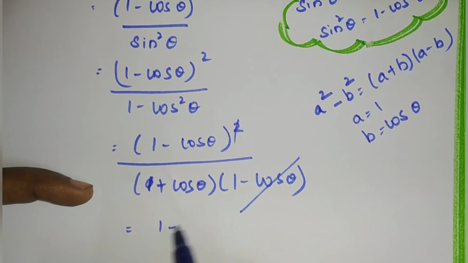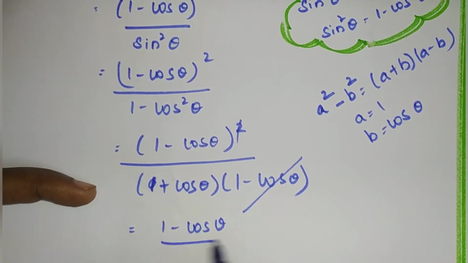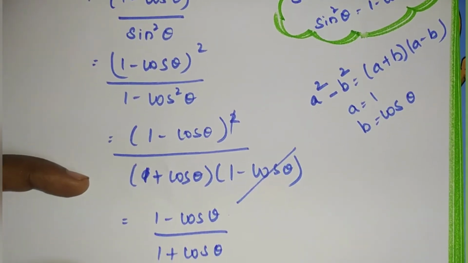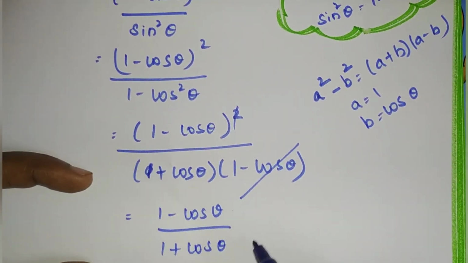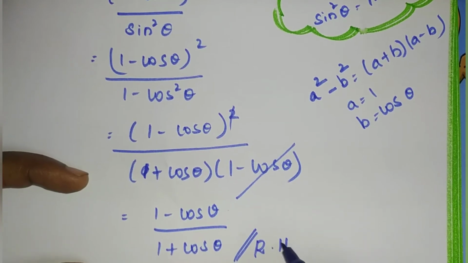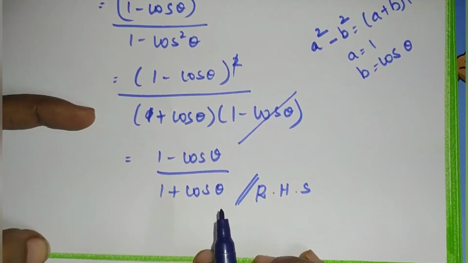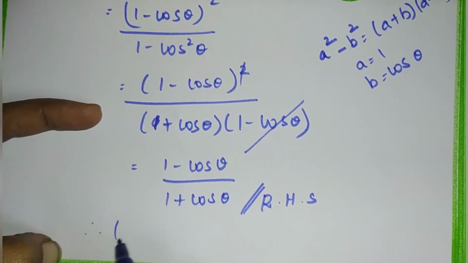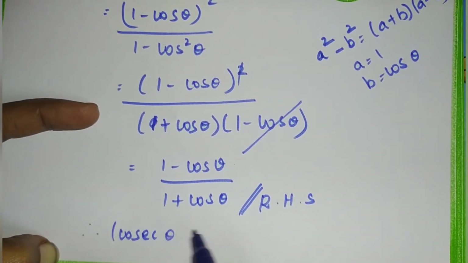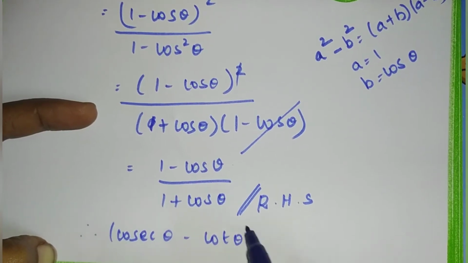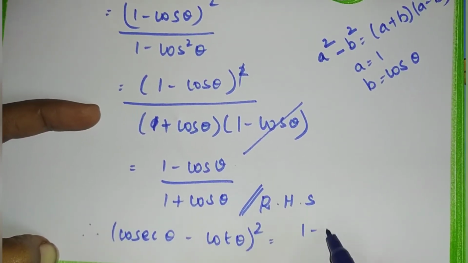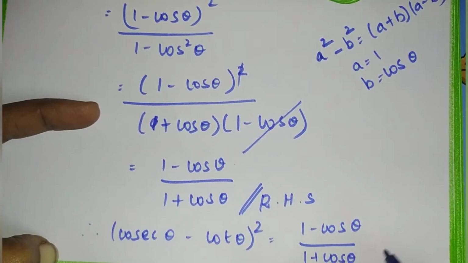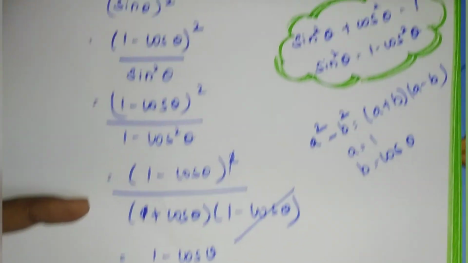The remaining is 1 minus cos theta divided by 1 plus cos theta. So we got our RHS. Therefore, cosecant theta minus cot theta the whole square is equal to 1 minus cos theta divided by 1 plus cos theta. We proved. Clear all of you?